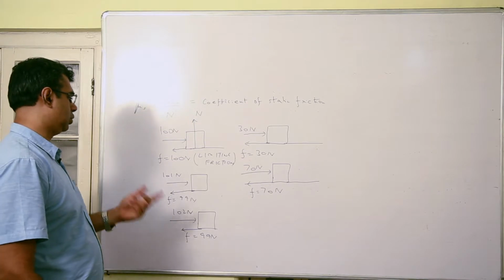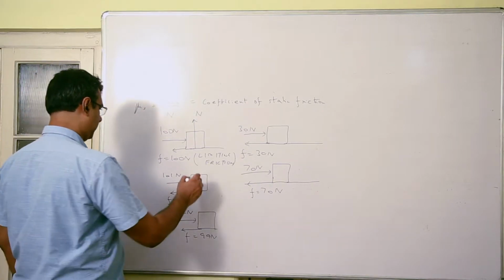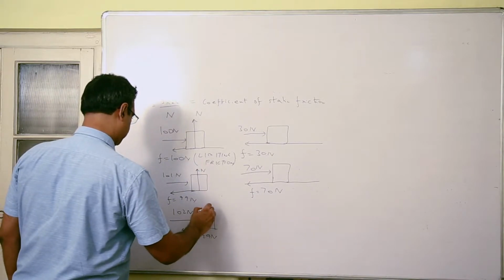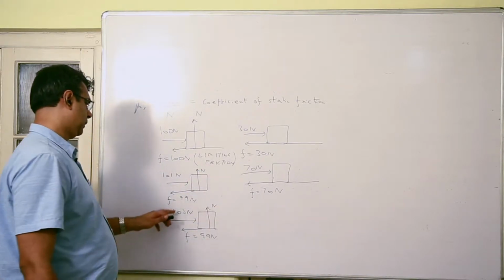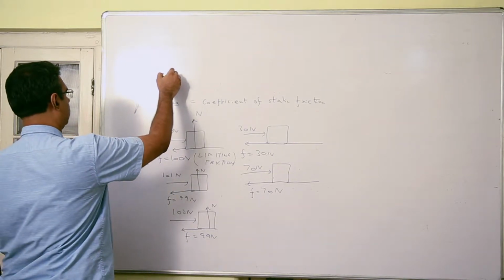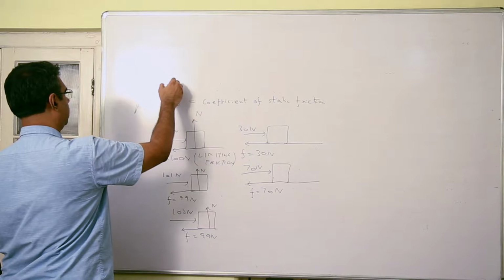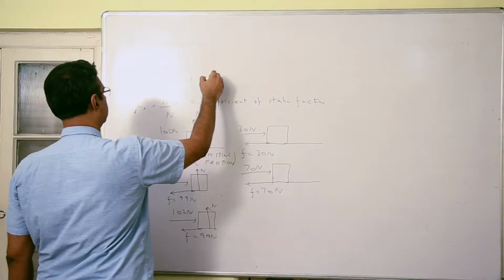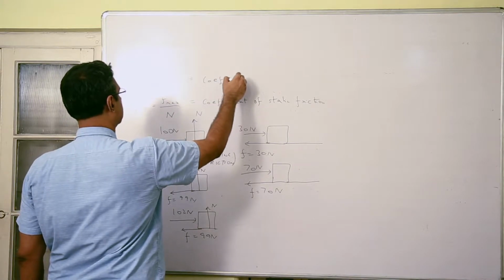Once the motion starts, in any scenario, if you find out the ratio of friction to normal reaction, in our context it will be 99 by N, that is called coefficient of kinetic friction.